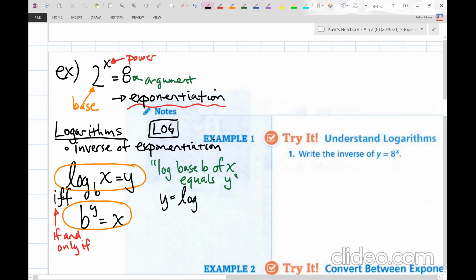That's finding the inverse. So that's what we had a few seconds ago. This is the inverse of y equals b to the x, because we swap x and y.